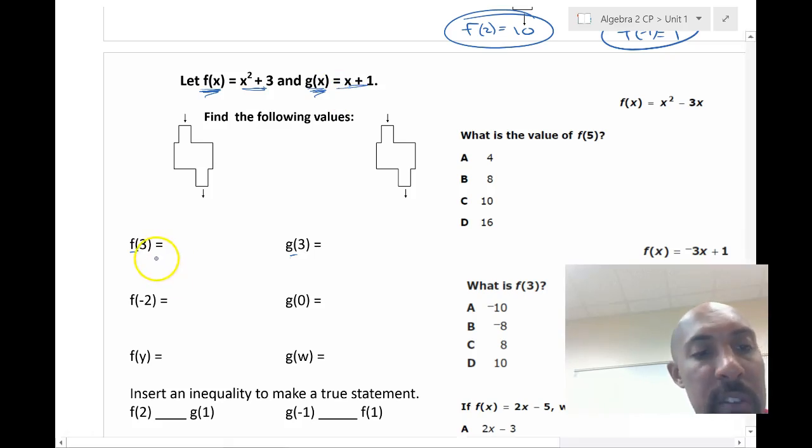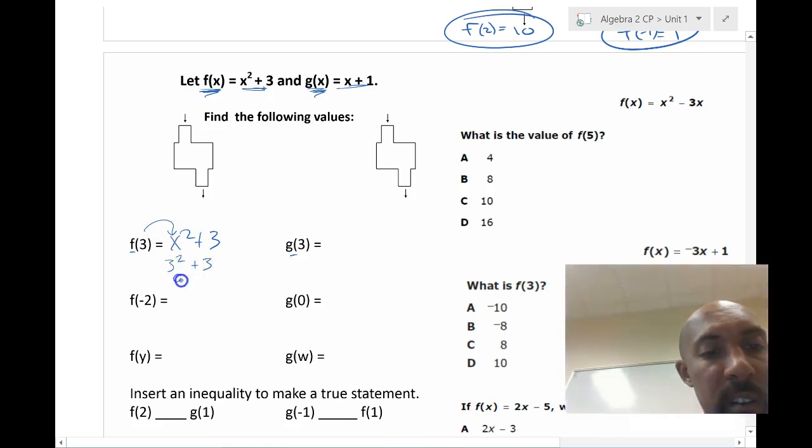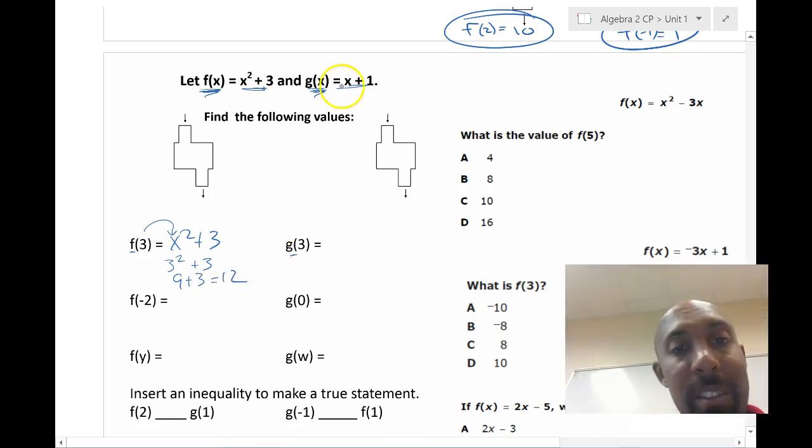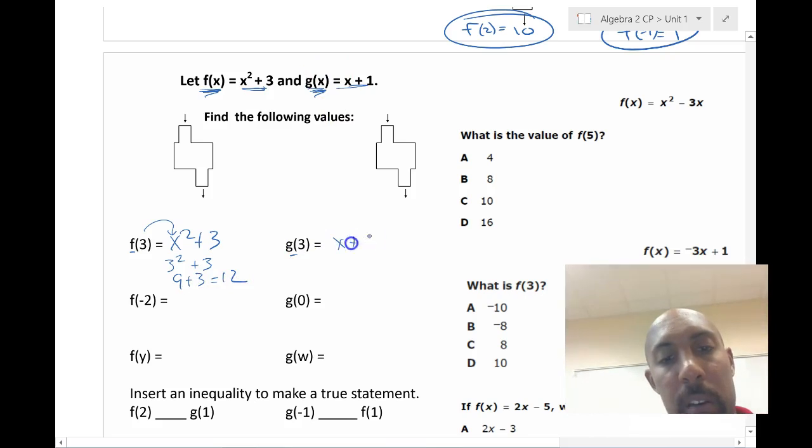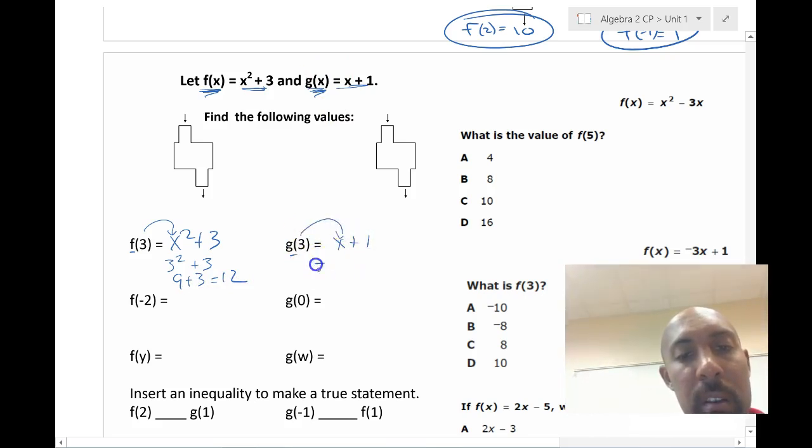So now, for this one, we're going to plug in 3 into the f function, x squared plus 3. So 3 goes here. 3 squared plus 3. And remember, exponents first. 3 squared, 9, plus 3, 12. Now I'm going to do it with the other function, x plus 1. So g of x is x plus 1, so just plug in 3 there.